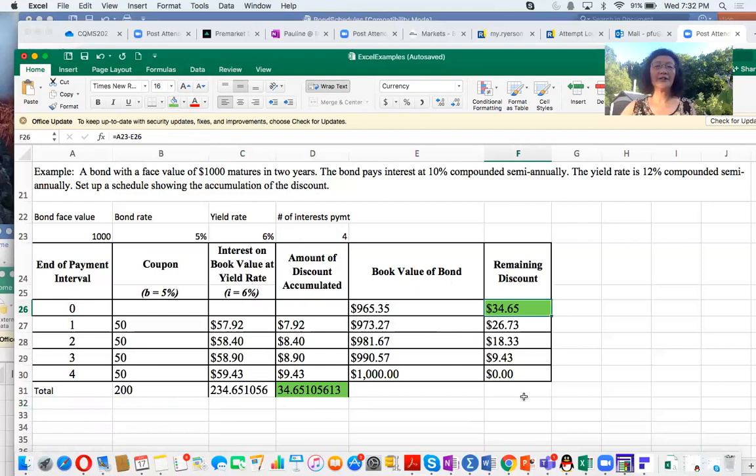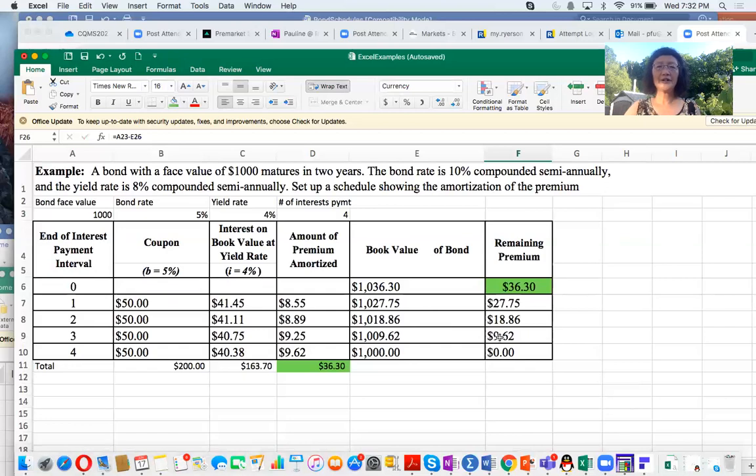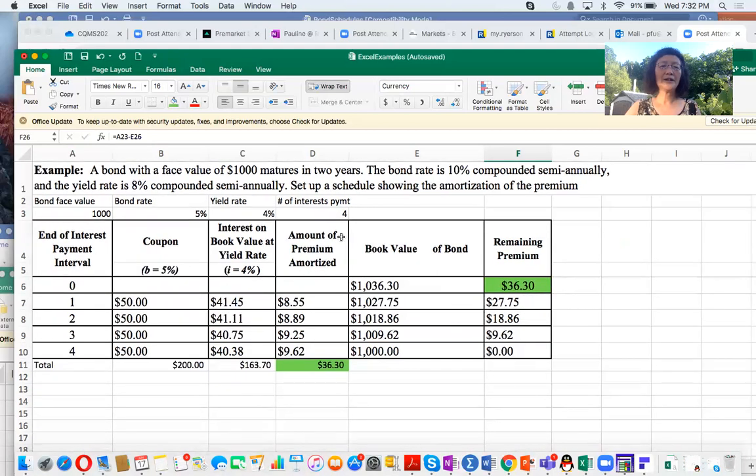All right, so in summary, in this lecture I created bond schedules. There are two situations. Situation one, when a bond is bought at a premium, that means the book value is greater than the face value. Under what condition does the premium occur? When the bond rate is greater than the yield rate.